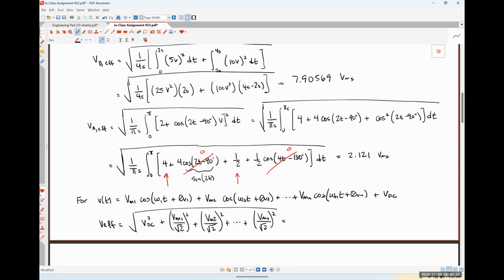This is nothing more than taking the effective value of each part, squaring it, adding them all together, and taking the square root of the result, where the effective value of a DC term is the DC term itself.